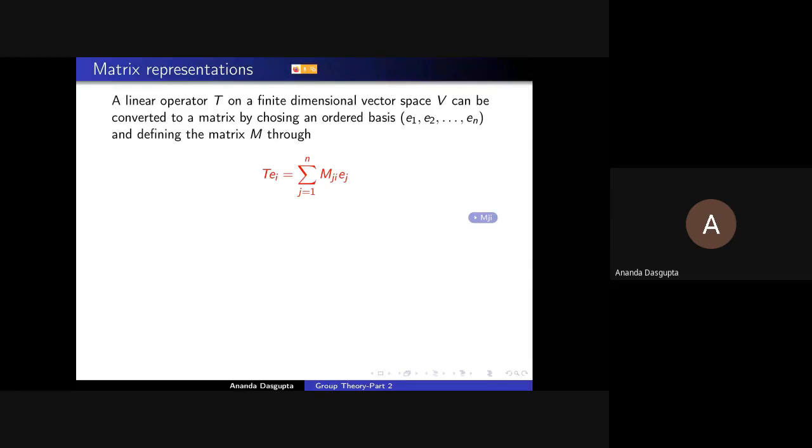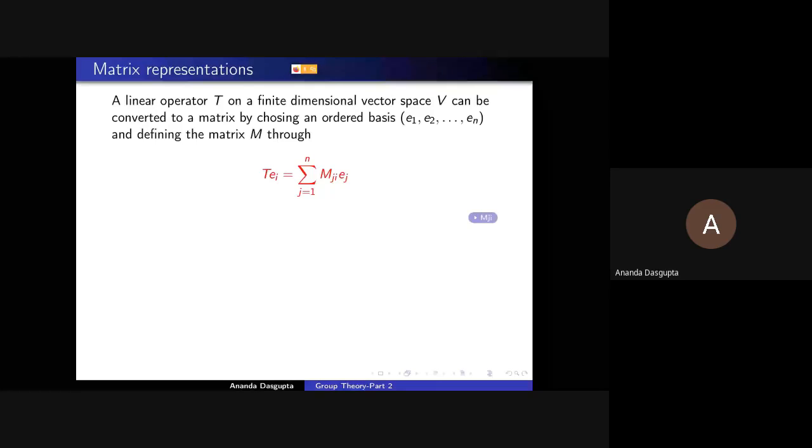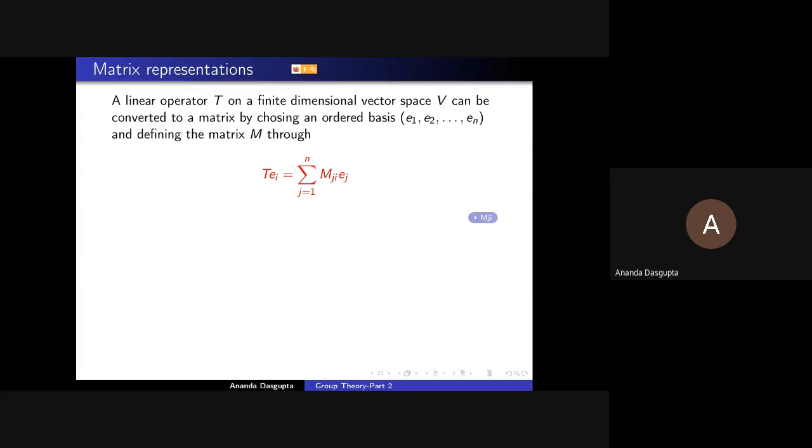So this is a general statement from linear algebra that any linear operator T on a finite dimensional vector space V can be represented by a matrix, to be more precise, by choosing an ordered basis, some set of vectors E1, E2 up to En, and defining the matrix through this. T acts on a vector to give a vector, so T acts on Ei, the ith basis vector, to get a vector.